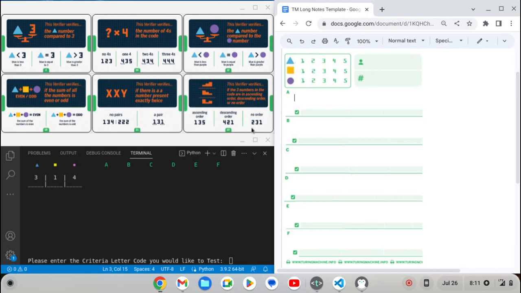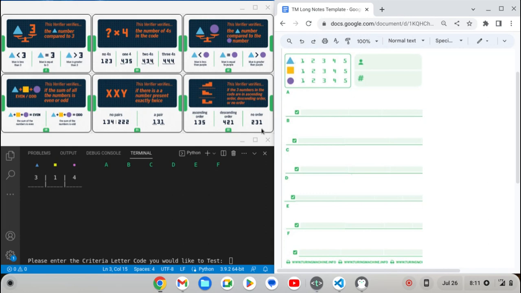So let's look at the example 231. Notice that it initially starts at 2, goes up to 3, but then goes down back to 1. So that shift from increasing to decreasing, or as in another example, it could be decreasing and then increasing, but it's that shift that is one way to define no order.